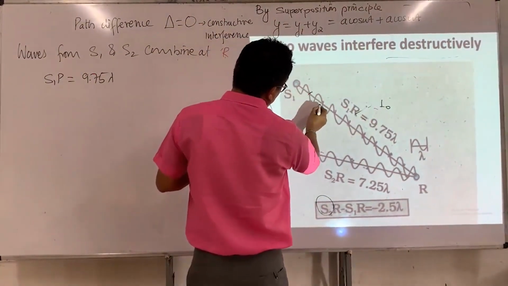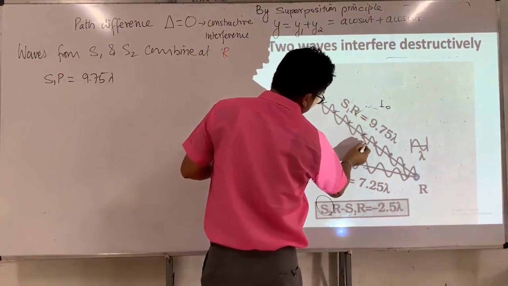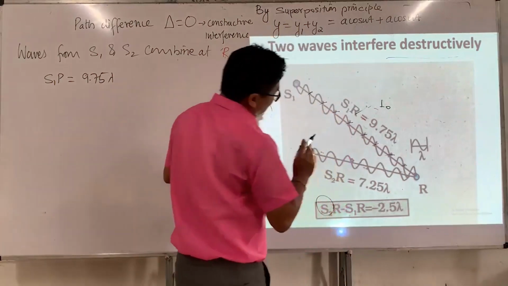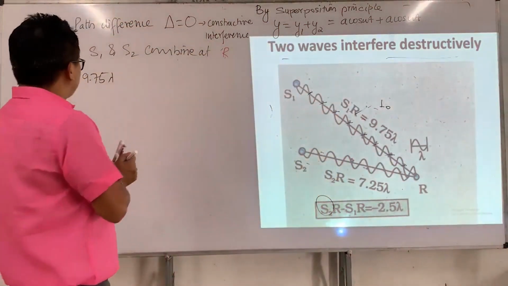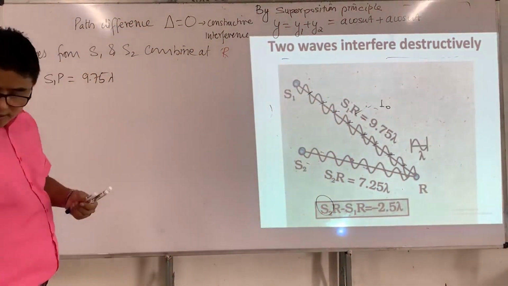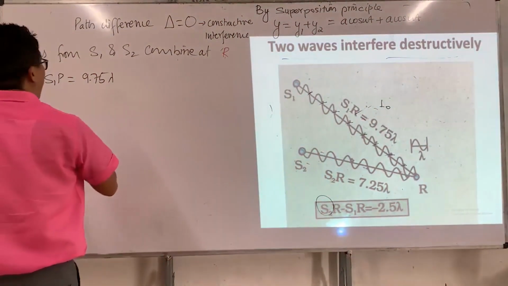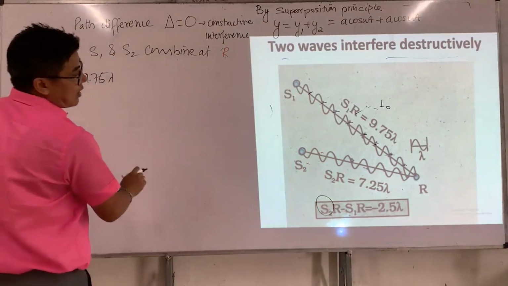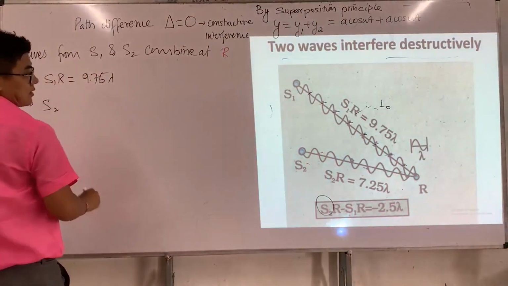This is 1, 2, 3, 4, 5, 6, 7, 8, 9 and 0.75. Alright. This is S1. And then the wave from S2 reaches R.